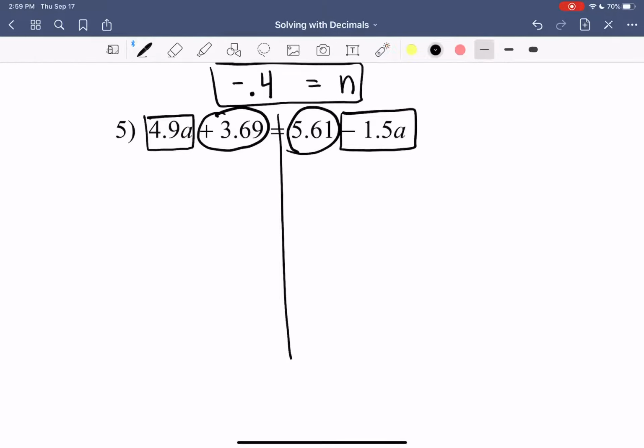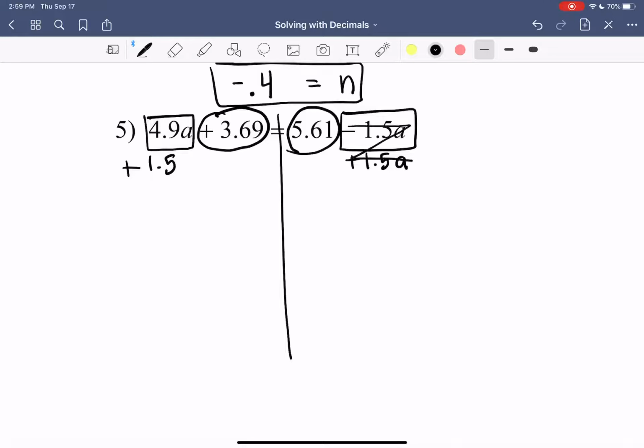So what we have to do is find our least coefficient and move it to the other side by changing its sign. So we're going to add 1.5a. If you're curious why I'm moving this one, it's because negative is smaller than the 4.9, so we're going to add 1.5a to each side.